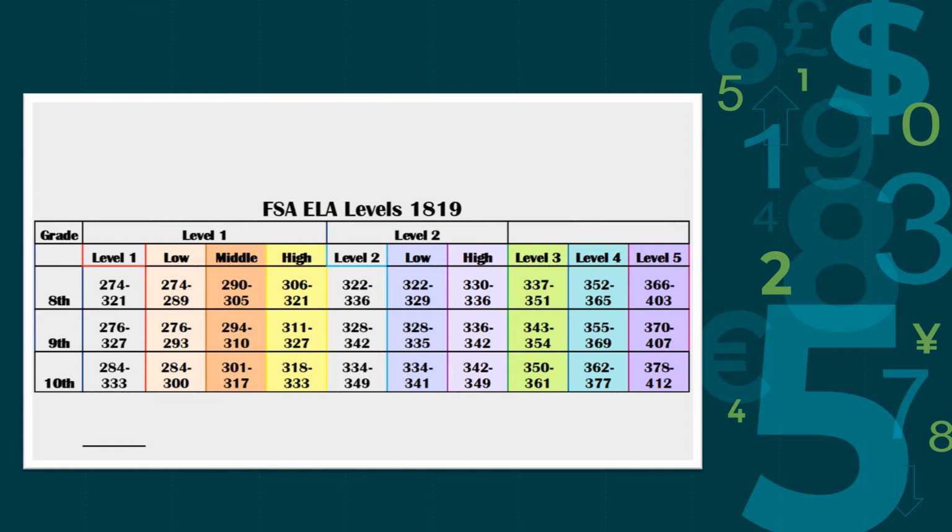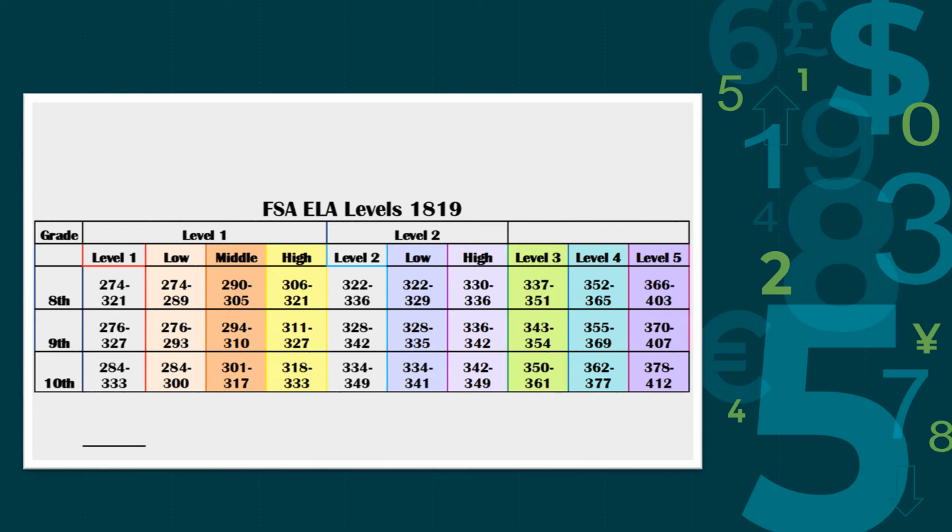So for 9th grade, if you're scoring a 343, you are on grade level. It gets a little tricky, which is like the pass versus fail model when you get to 10th grade because it's your graduation benchmark. So you want to get that 350 or above to meet your concordant/graduation benchmark. So this is really, really important.